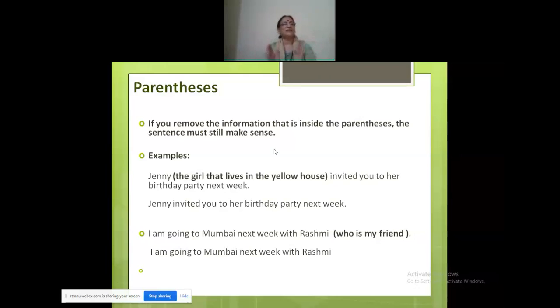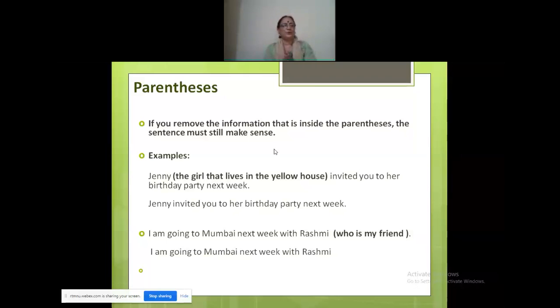So extra information is going to go within the brackets. Jenny invited you to her birthday party next week is a complete sentence in itself. The girl that lives in the yellow house is the extra information, so that can go in the brackets.